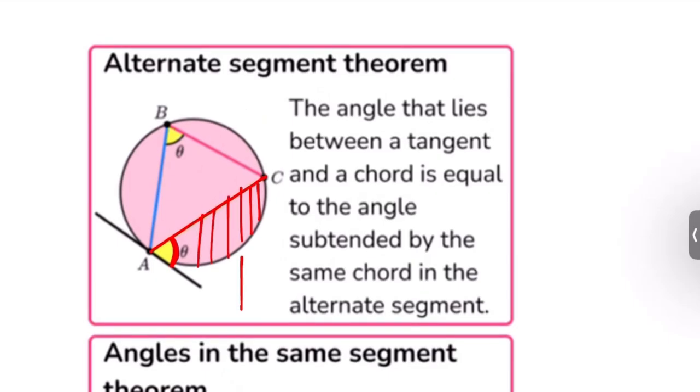The angle which is made in the chord, this red angle that I have drawn, will be the same as the angle in the alternate segment. We know that the segment is the bigger part, and the angle in the alternate segment is this angle over here. So both of those angles will be equal to each other.